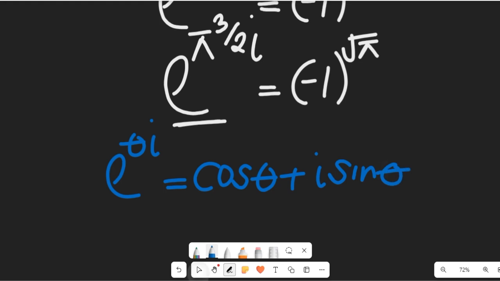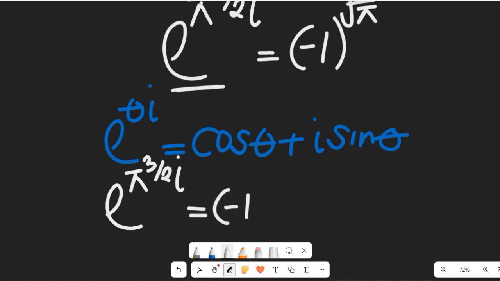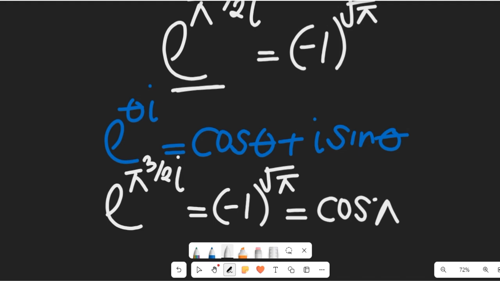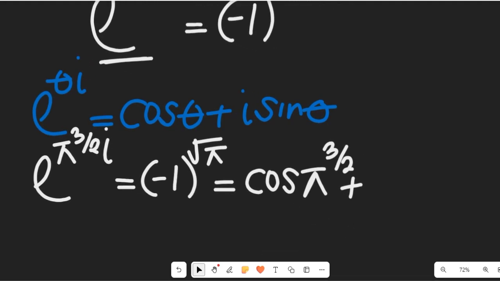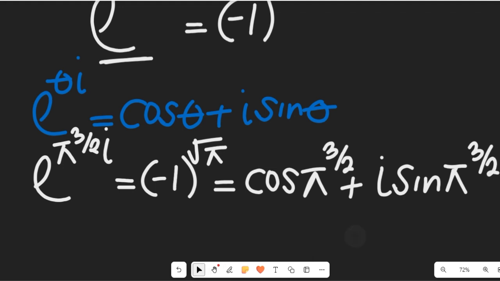So from this expression now, if I expand, this will give me the Euler value of pi to the power of 3 divided by 2 i, which is equal to negative 1 to the square root of pi, will now be equal to the cos of pi to the power of 3 divided by 2 plus i multiplied by the sine of pi to the power of 3 divided by 2, and that is the value of this.